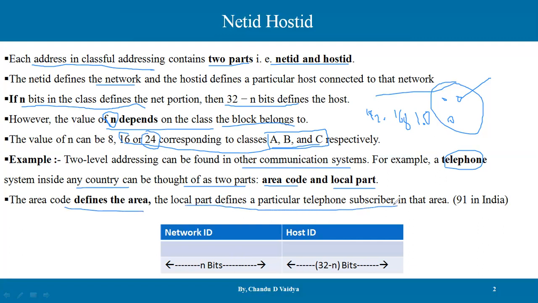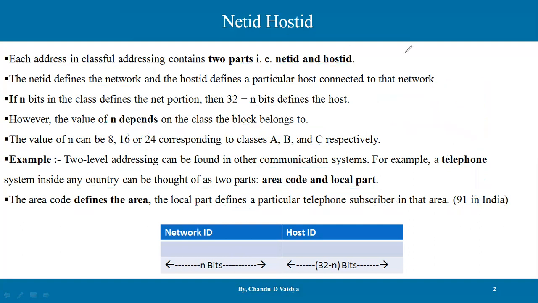Let's take an example of India. India has, let's say, 91 as the area code representing India as a region. Then whatever subscribers are available, let's say Airtel, Vodafone, Reliance, they have different series. If I have a 98 series, I can easily find out that it belongs to Airtel. So these are the identification numbers given to that particular communication medium. Here we have taken the example of the telephone.